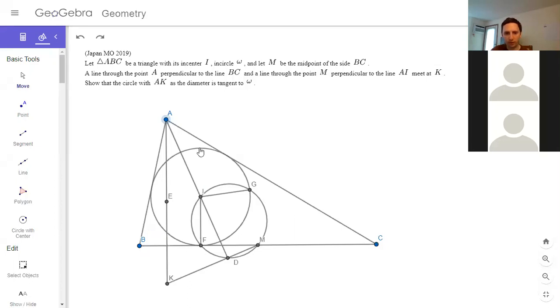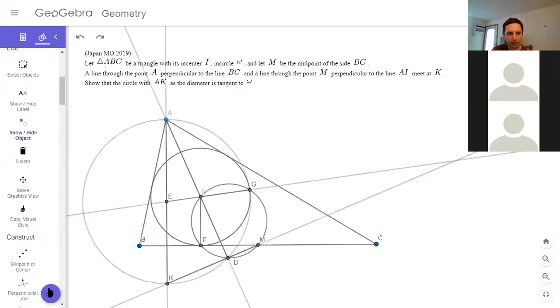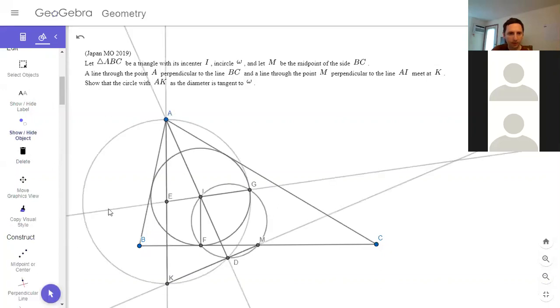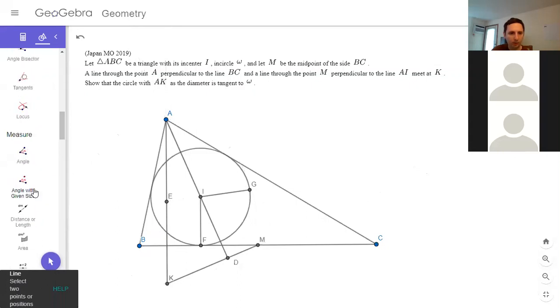So if we took the topmost point, yeah, let me try it like this. So I'm going to hide this circle, and I'm going to draw the topmost point.